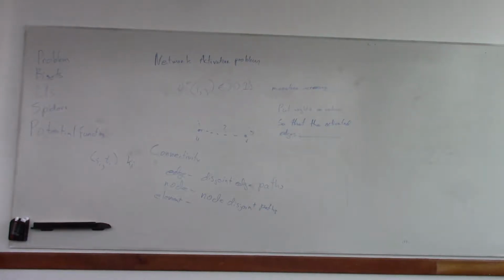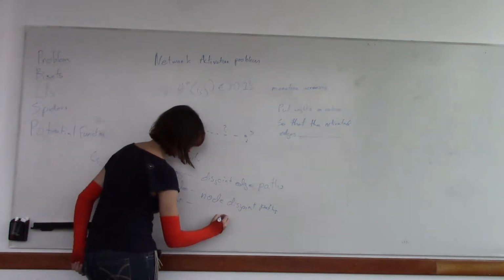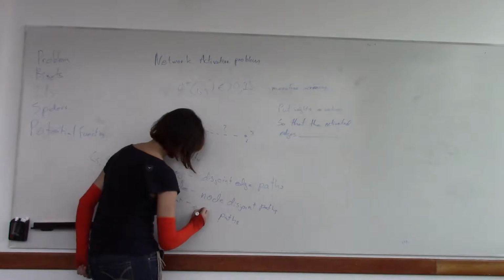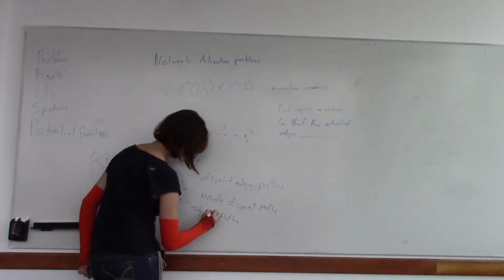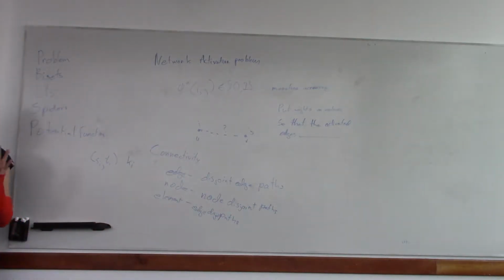So let me know if you have questions. Element connectivity is where you want paths that are edge disjoint, but they also have to be node disjoint for the most part, but they can reuse other terminals.